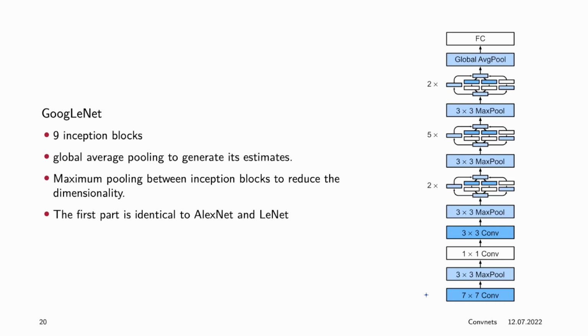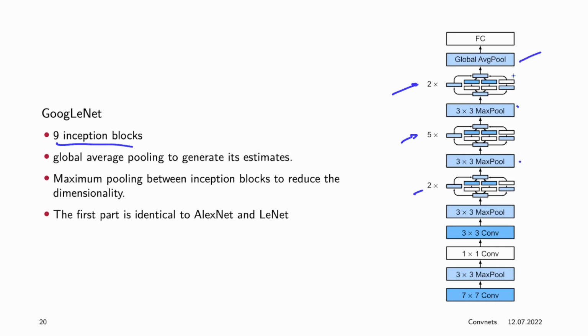If you look at the complete GoogLeNet architecture, it consists of 9 of these inception blocks, in groups of 2, 5, and 2, and has in between max pool operations.